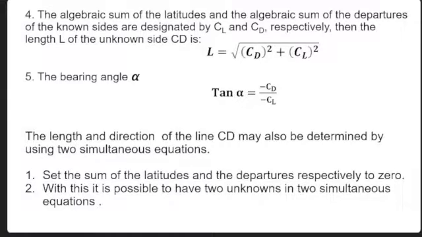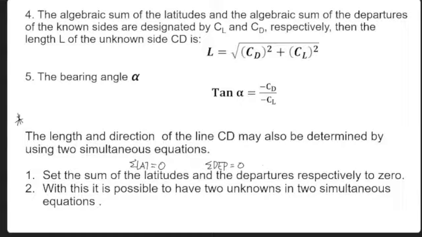There is another option in determining our latitude and departure, which is much easier and simpler. We say that the summation of latitude is equal to 0 and the summation of departure is equal to 0 as well. Therefore, our values will give us the right sign or direction.